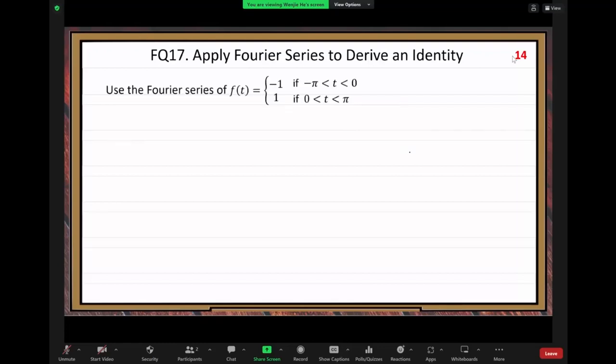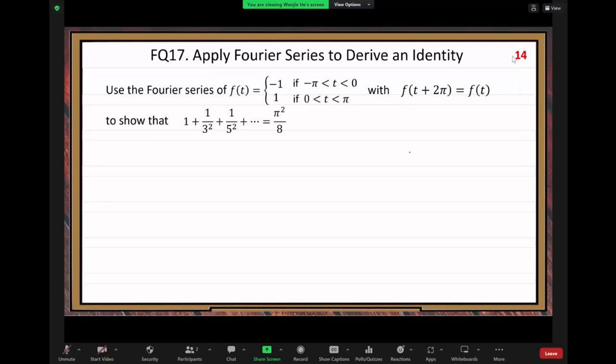Use the Fourier series of f of t equals -1 if t is between -pi and 0, and +1 if t is between 0 and pi. Then we do a 2 pi periodic extension. Now use that Fourier series expression.